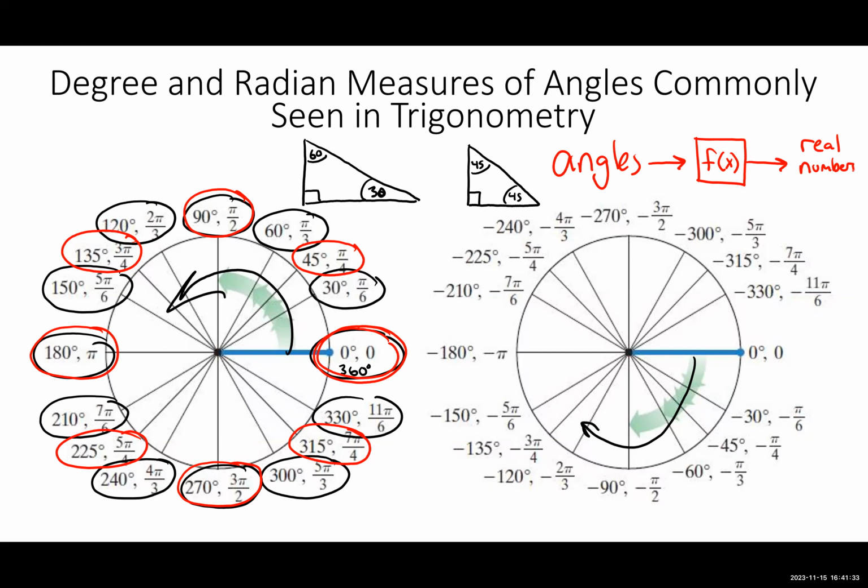So we have to define these new types of functions that work with angles. We're not talking about linear, quadratic, polynomial. We're not talking about rational or exponential or logarithmic. We're going to be talking about these new, we call them trigonometric functions. All right, that is it. That does it for this video. I hope this was helpful, and we'll pick it up in the next one.